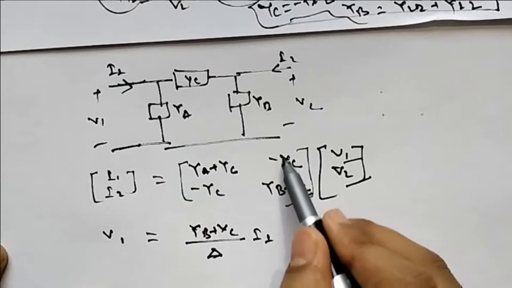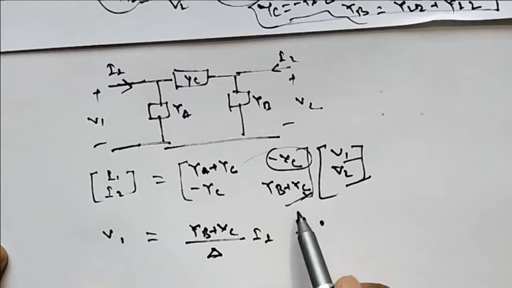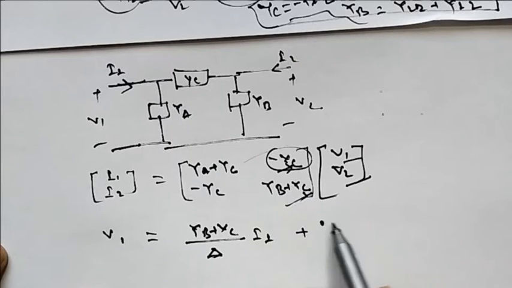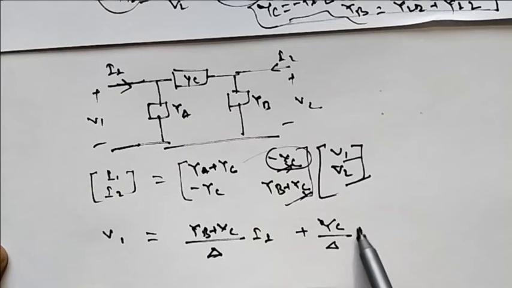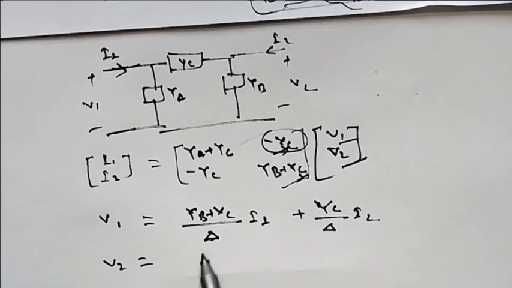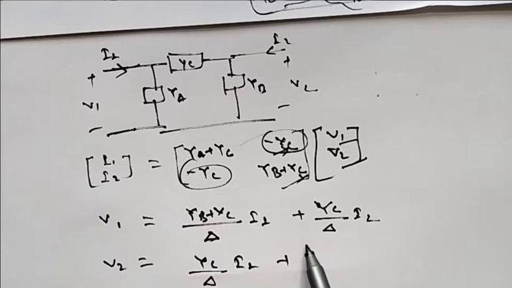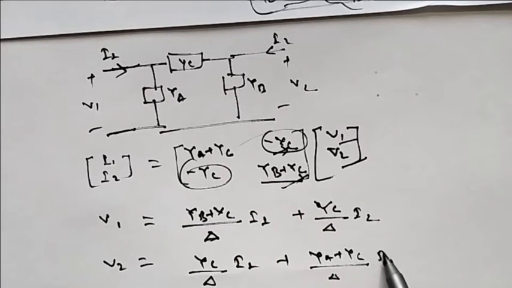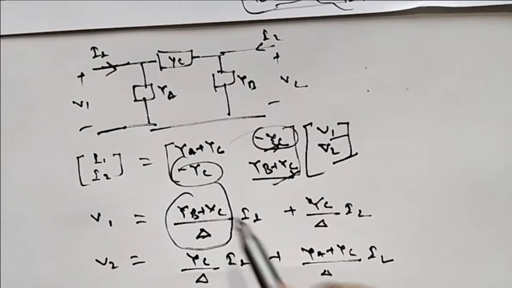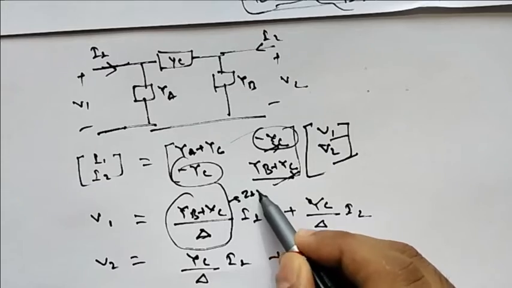We just change the sign only of the second term. This will be yc by delta into I2, and v2 will be again, just change the sign of this one, yc by delta into I1, and just interchange this one, ya plus yc by delta into I2. Now see, this is nothing but your z11.